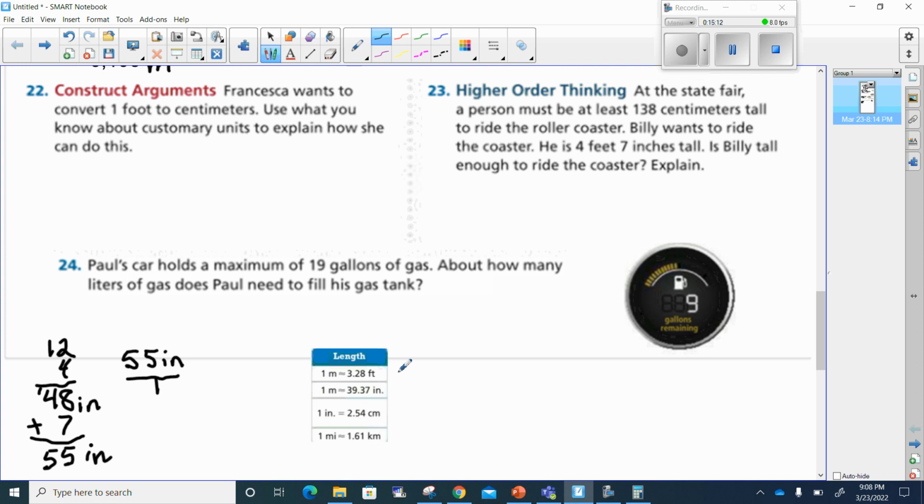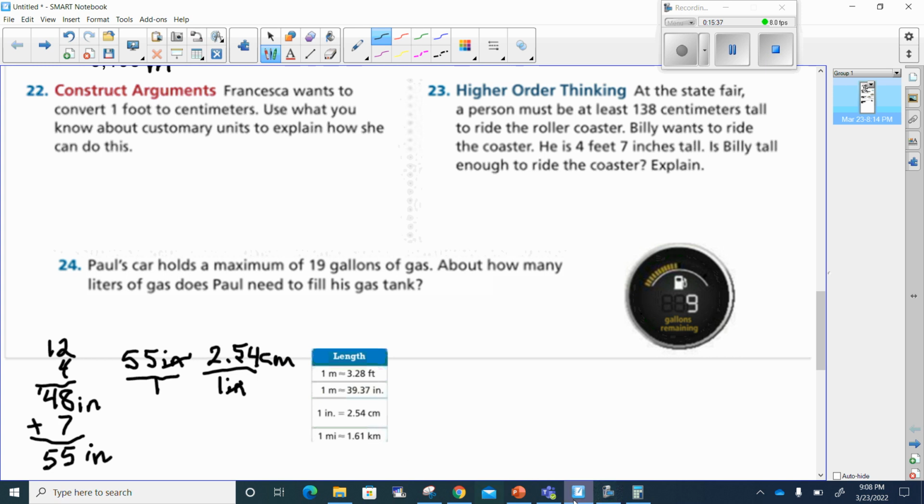And I know that in centimeters, 1 inch, so I'll put my inches down here, so I'll be able to get rid of it. And then that equals 2.54 centimeters. My inches are removed. Now all I have is centimeters.